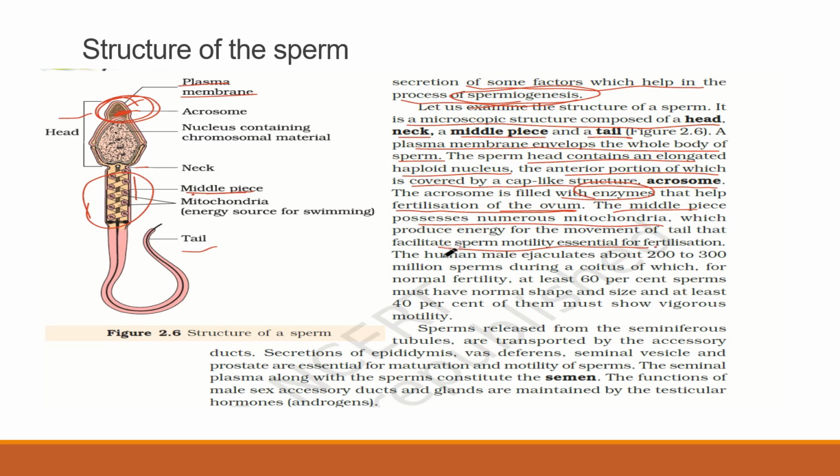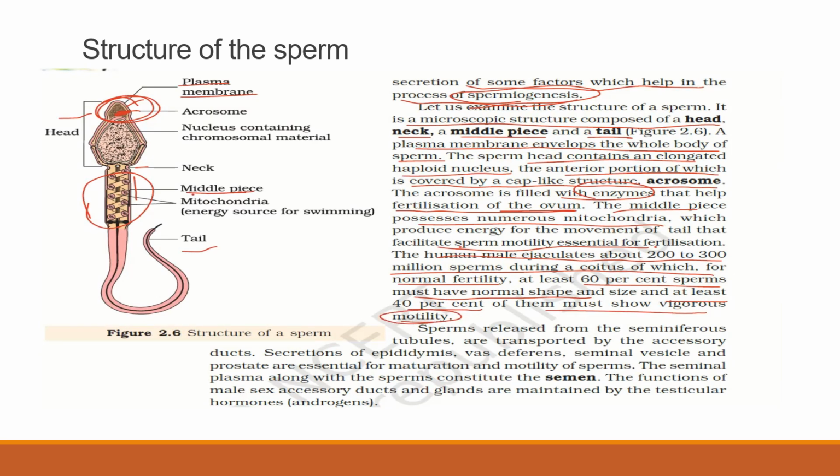The human male ejaculates about 200 to 300 million sperms during a coitus, and for normal fertility, at least 60% of the sperms must have normal shape and size, and at least 40% of them must show vigorous motility.